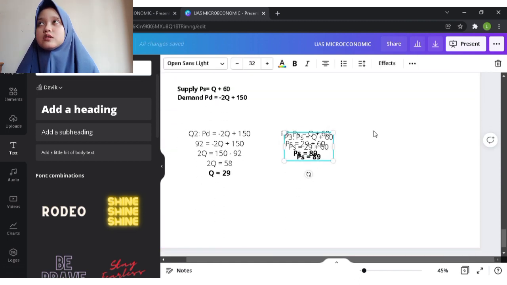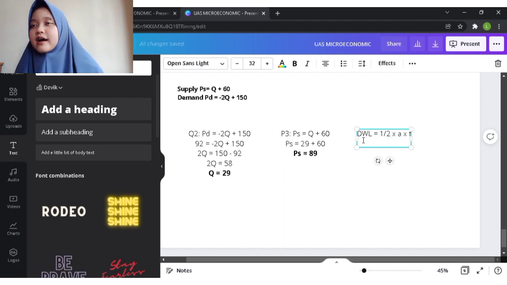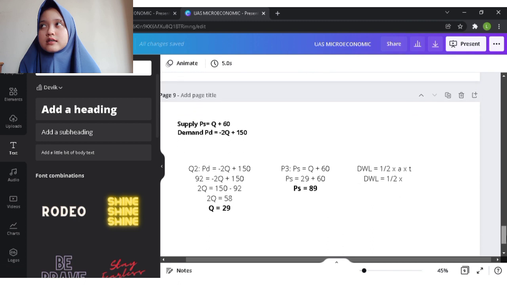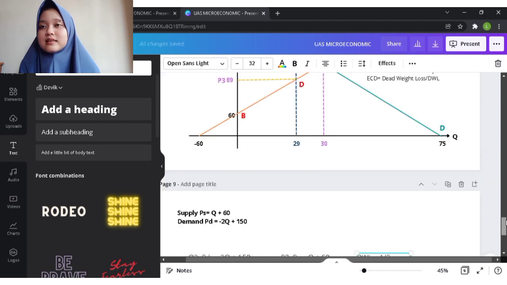We can use the simple formula of a triangle, which is one half times base times height. For the base, we take 92 minus 89, so we get 3.